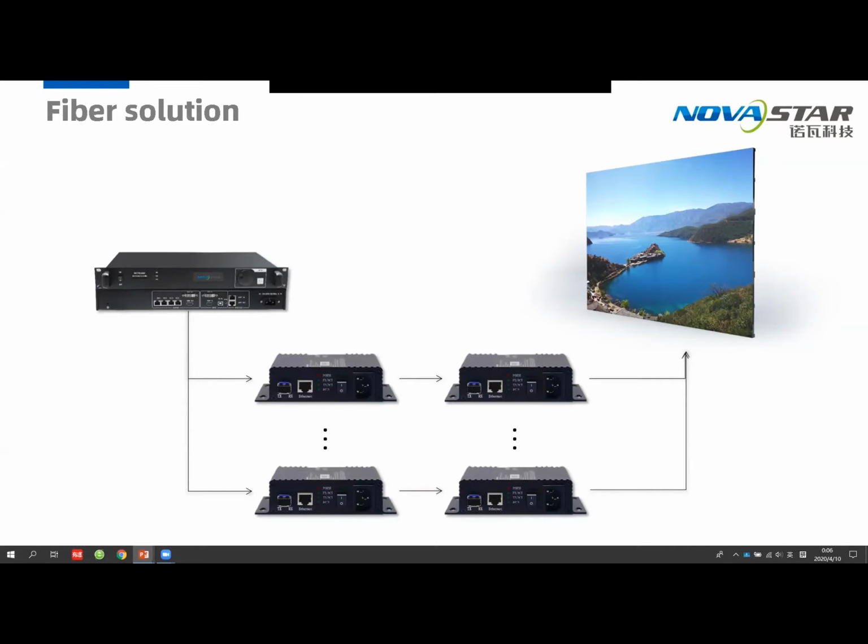Full output means we need 8 pieces of converters. There are so many devices, and it may be a problem for installation. If your screen is more than 2K resolution, we need more converters, and we know that more connection points may cause more problems. So what can we do for this issue?